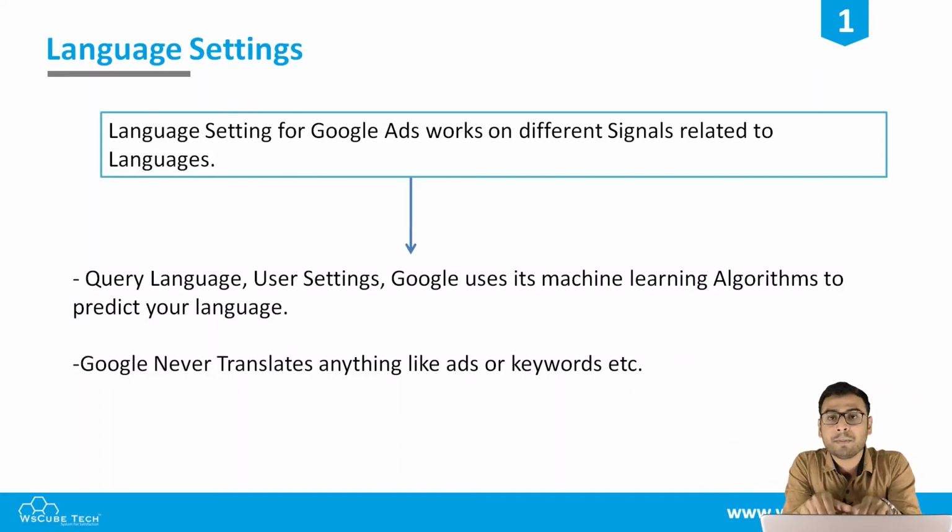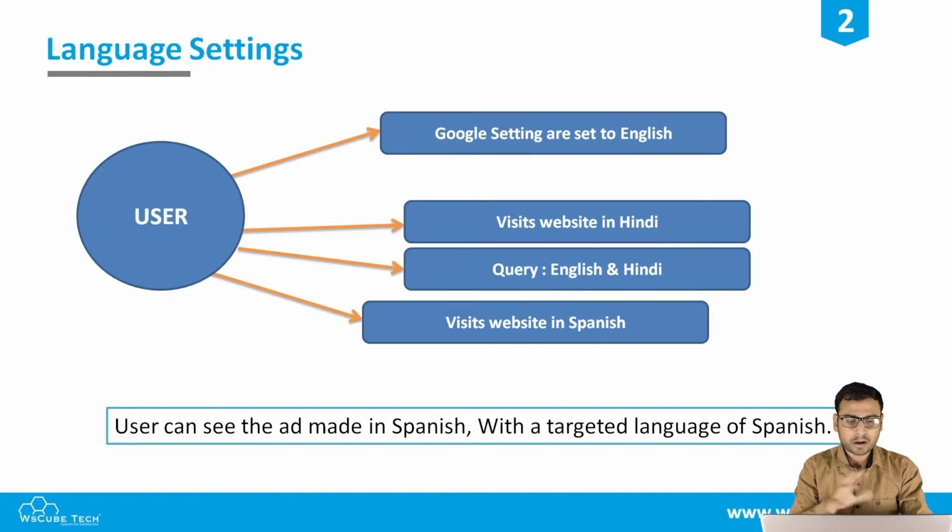Why? Because Google never translates anything. So when we talk about languages, it is very important to consider that no translation happens in Google. Now, coming to the next thing.